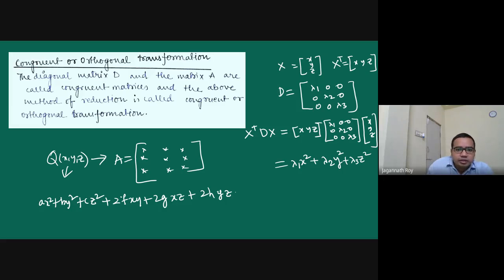Then the matrix will be A, half of xy that is F, half of xz, and so on.